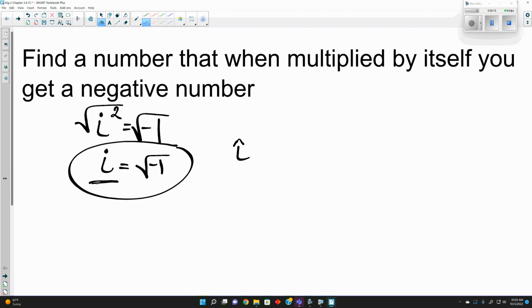So from this point on, if we have a negative square root, it means we're going to have I, because I, by definition, is the square root of negative 1.